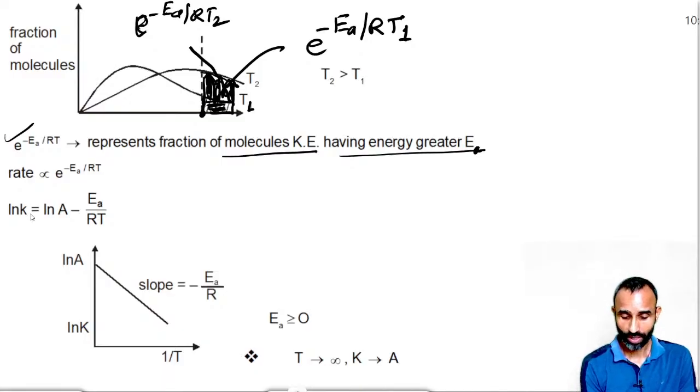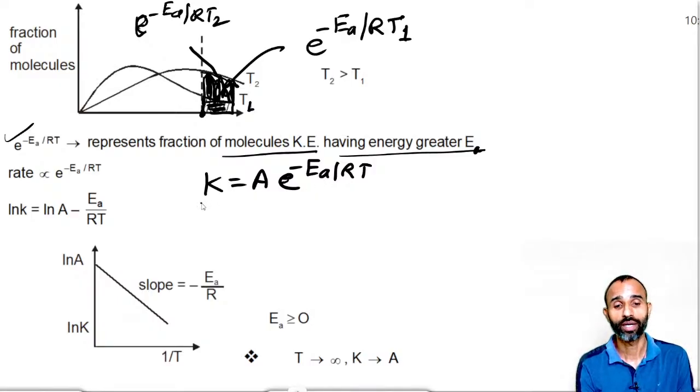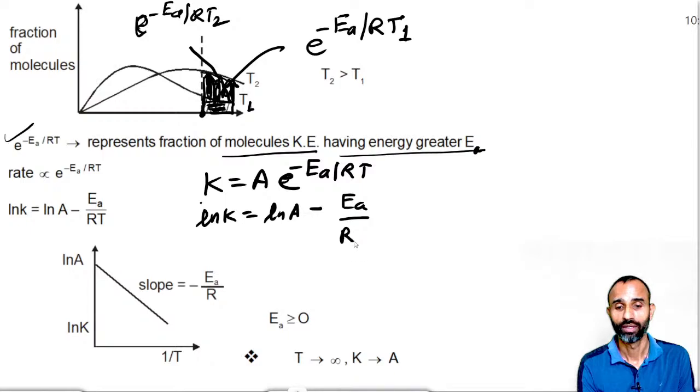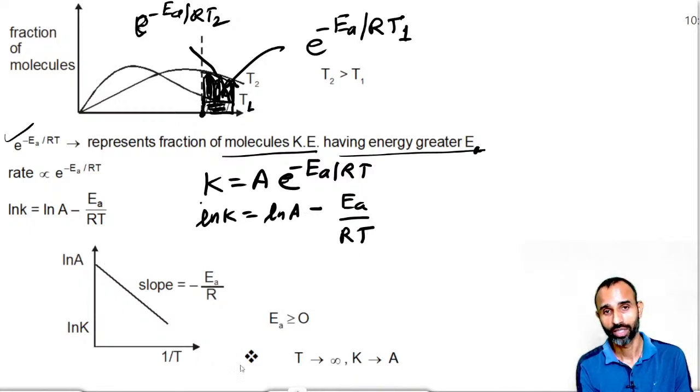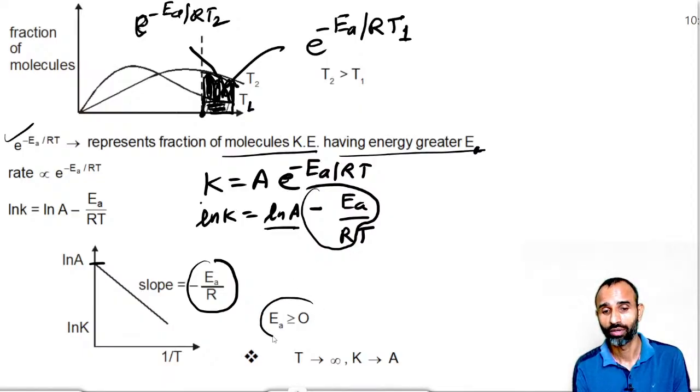So if we plot a graph or see this relation, K equals A into e raised to power minus Ea by RT, we plot a graph between natural log of K versus 1 upon T. The graph is a straight line, slope minus Ea by R, and intercept natural log of A. Activation energy is always greater than or equal to 0.